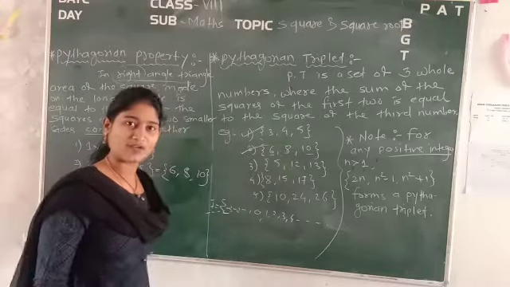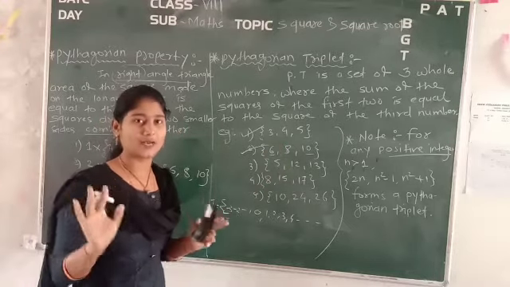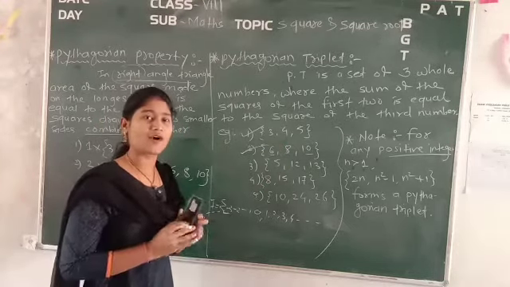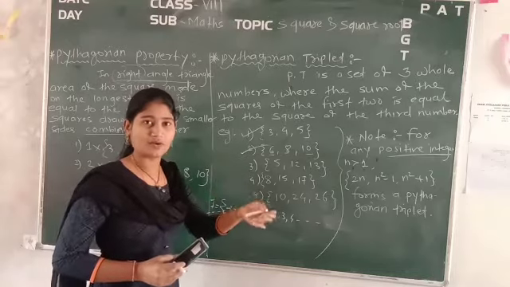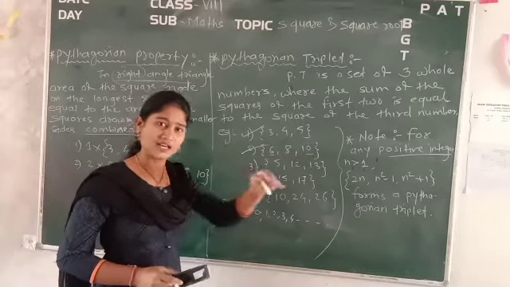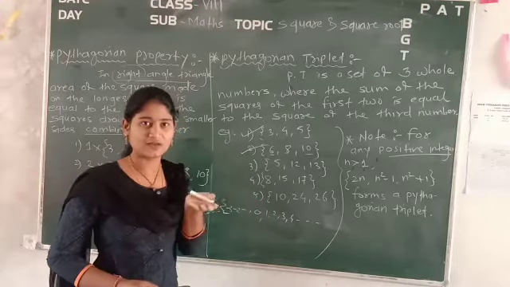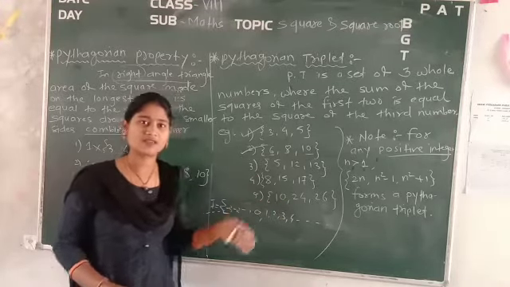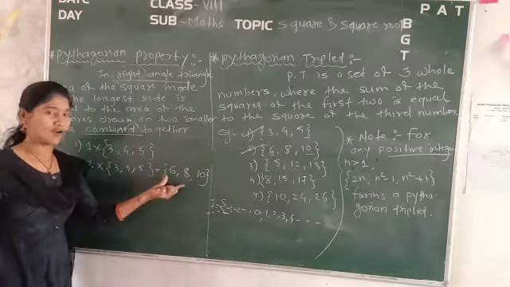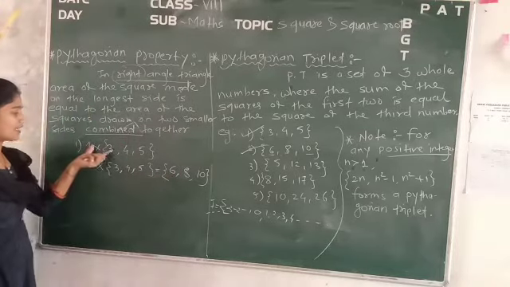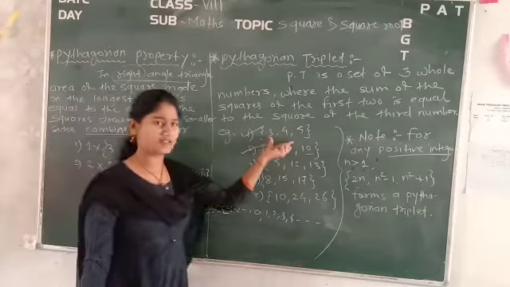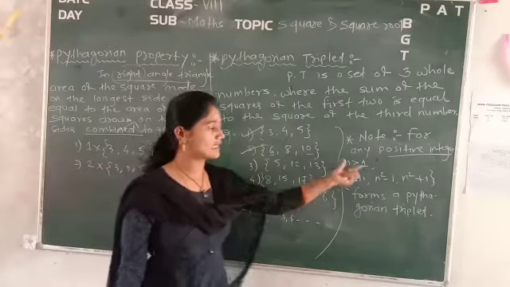So in that way you can find many Pythagorean triplets even if you forget how to write them down. Don't waste time checking whether it follows the property, whether the right side and left side are equal. You can follow this simple method by multiplying the first set by all numbers greater than 1.